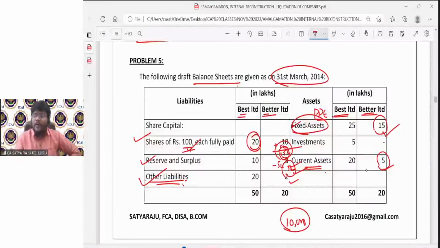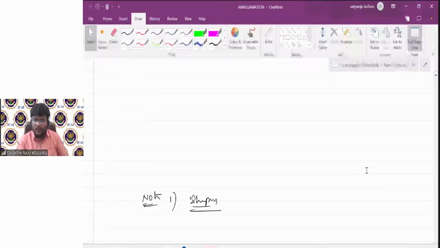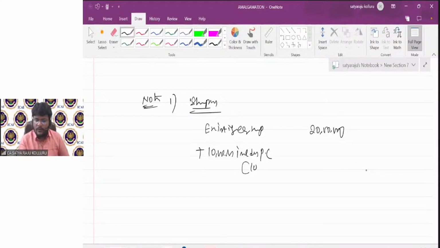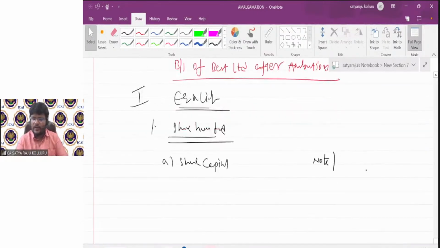Now, how many shares did you issue as PC? 10,000 shares are issued as PC. Each share is issued at the rate of 150, face value is 100. So existing equity share capital is 20 lakhs, plus 10,000 shares issued as PC, which is 10,000 into 100 rupees, which is 10 lakhs. Now 20 lakhs plus 10 lakhs is equal to 30 lakhs. So the same 30 lakhs you should show here.